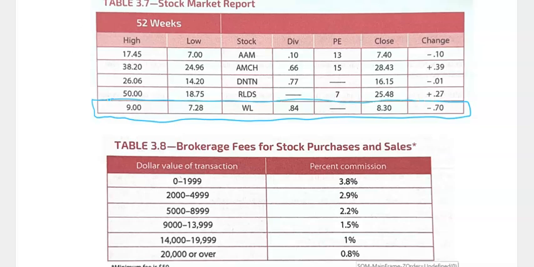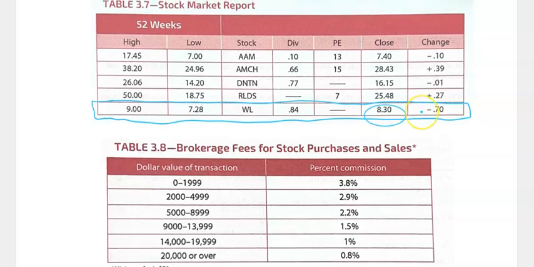So part A, they're asking us for the closing price that happened 2 days before. Well, yesterday the closing price was $8.30 per share. This was 70 cents less than the previous day, so 2 days ago. So they want to know what the price was 2 days ago.